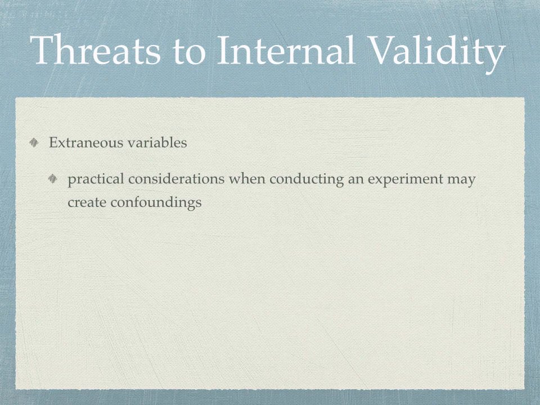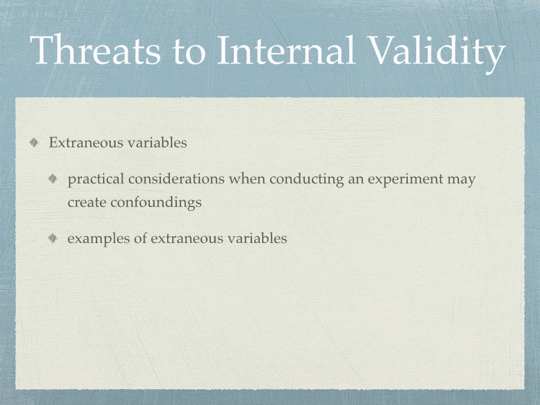Which rooms you're in, who your experimenters are, any of these kinds of things. These extraneous variables are back to the last lecture where we talked about treating participants equally. We treat participants equally for a lot of reasons, to control these extraneous variables and to keep them from becoming confounds.